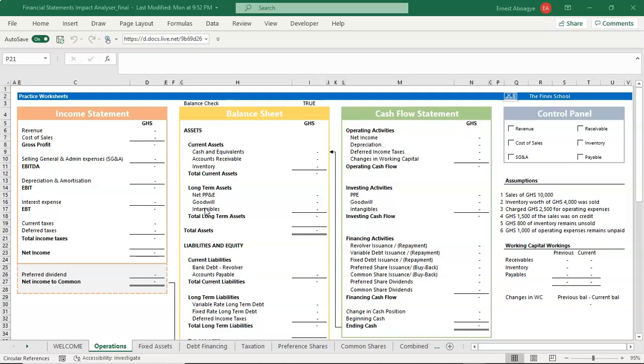Today we are going to look at the balance sheet and how it applies. The balance sheet is a statement of assets, liabilities, and capital.